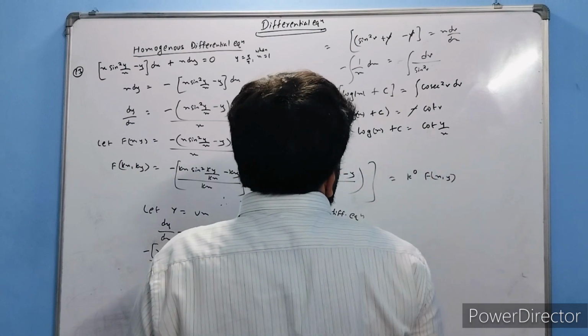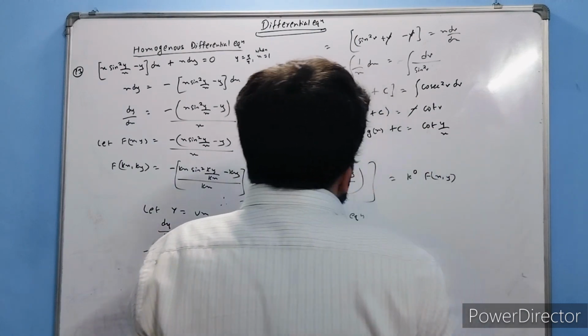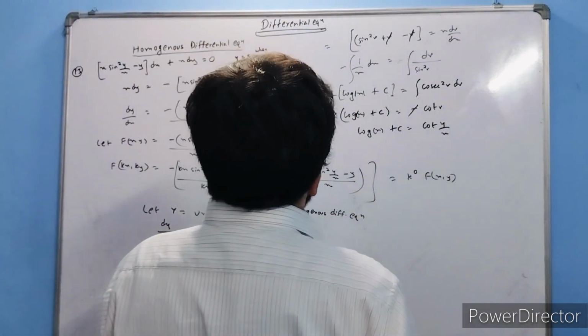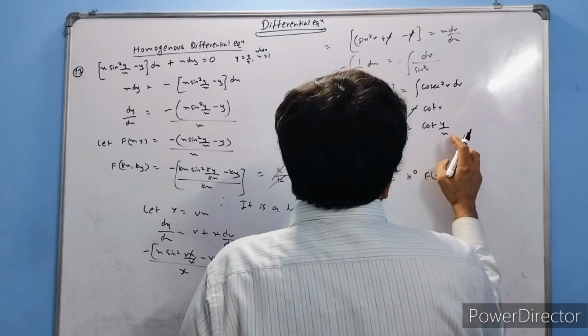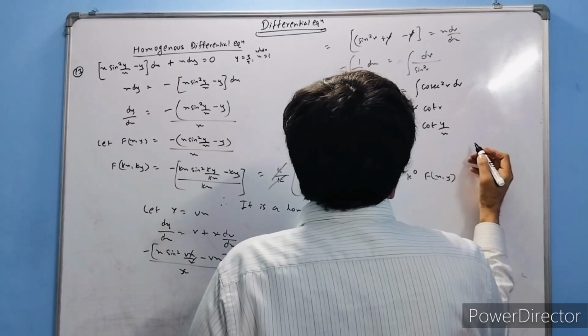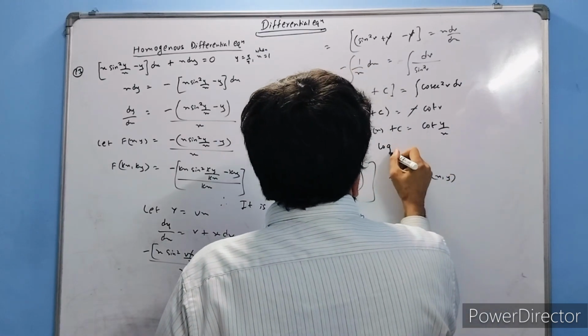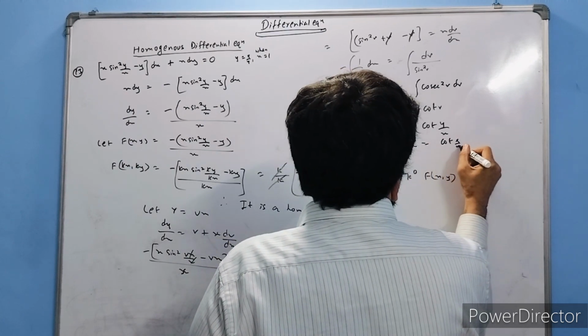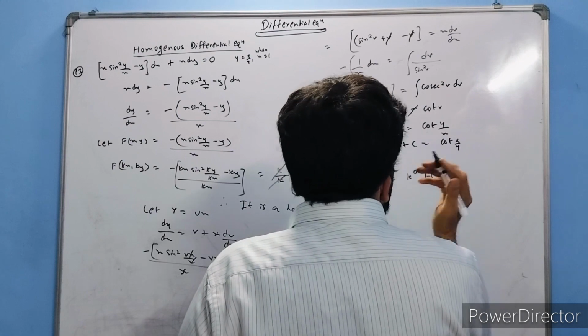Now they have given the values, so we can put the values here. If x is 1, y is pi by 4. Cot pi by 4 will be 1, so c is equal to 1.